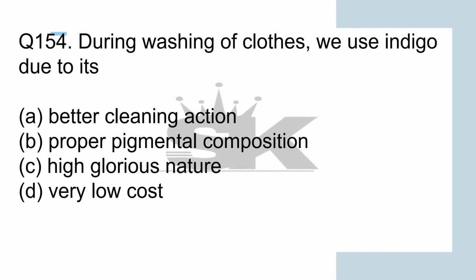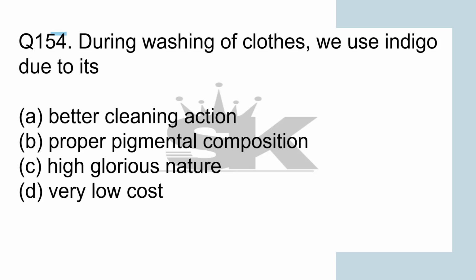During washing of clothes, we use indigo due to its... So the better option here is the proper pigmental composition. Indigo is nothing but a dye that does not bond strongly to fabric fibers, and washing will fade it out.